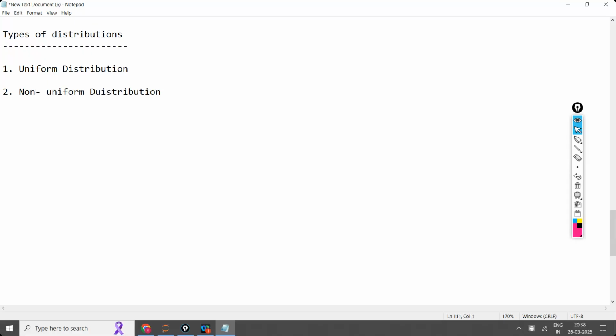Within the non-uniform distribution, again we have subcategories: symmetrical distribution, and the second one is called unsymmetrical distribution.